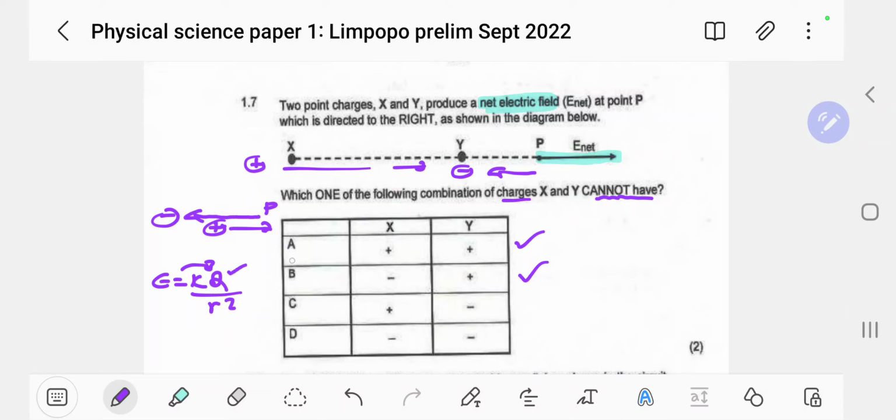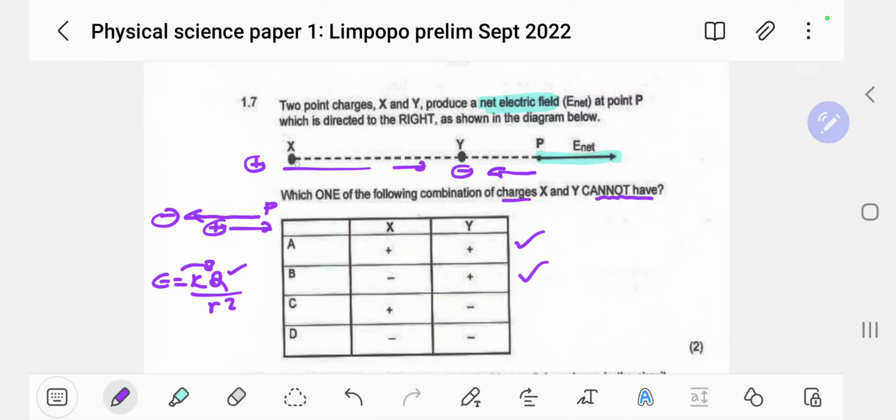But if this charge is large enough, even over a longer distance it may still have a very strong electric field, because the electric field is directly proportional to the magnitude of the charge itself.